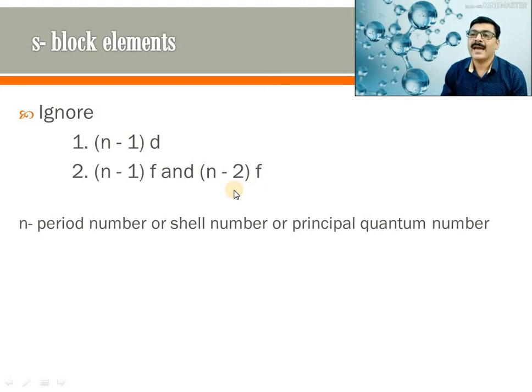And here n means the period number or shell number or principal quantum number. And in this way, if you remove these, then you can easily write the shell electronic configuration of S block element.